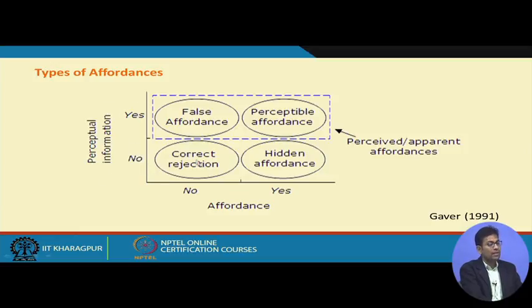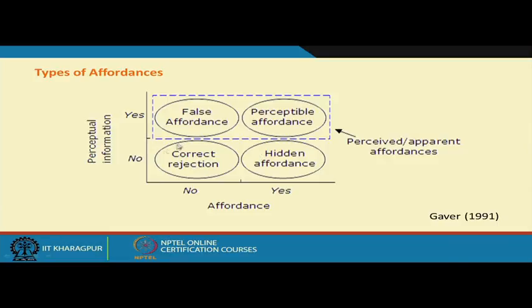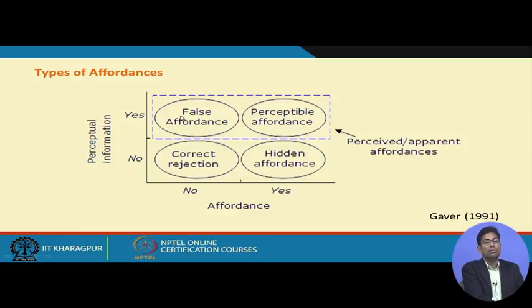So let's take the case where there is no affordance and no perceptual information: you go for a rejection. You do not use that. This is a case where there are no affordances and no perceptual clue, so you really do not accept that. That's a rejection. Okay, but let's take an example where there is perceptual information but no affordance. Let's take the example of a chair. You see a chair, you are getting perceptual information about a chair, but maybe this chair is made out of paper.